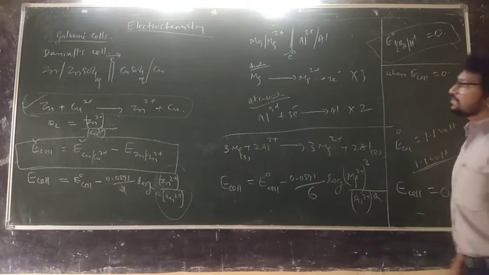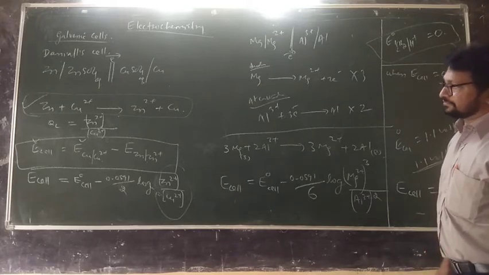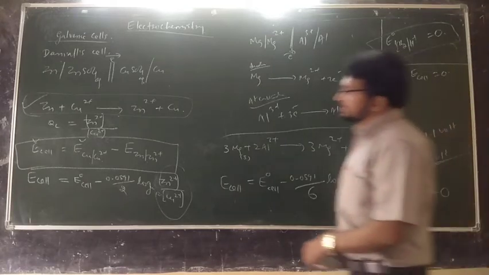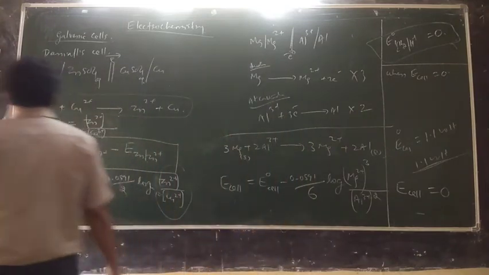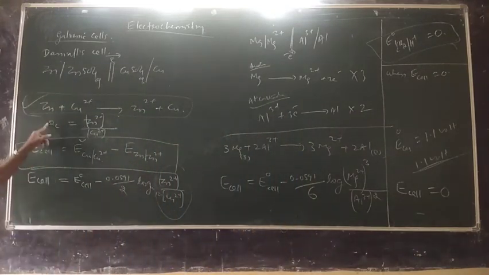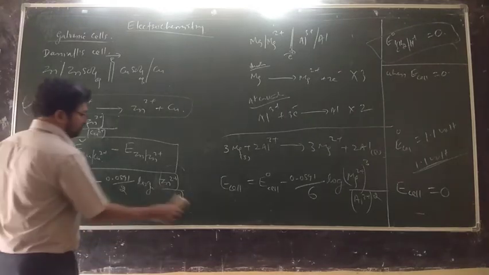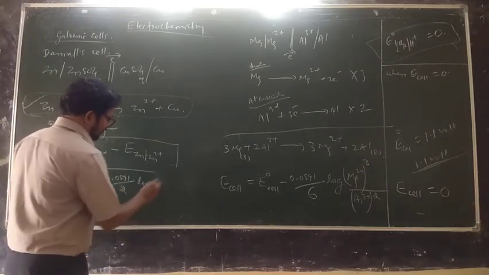And if E of cell is 0, what will happen? Here is the equation. Once again I take the help of QC here, once again I take the help of this equation. Note what will happen. For the Daniell cell, I calculate QC.